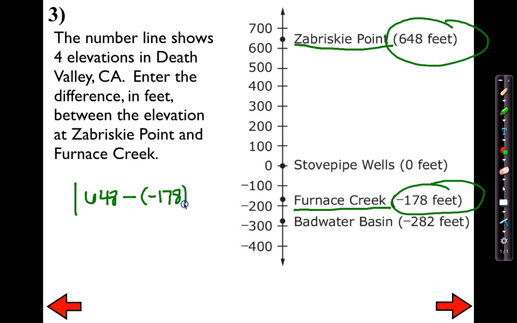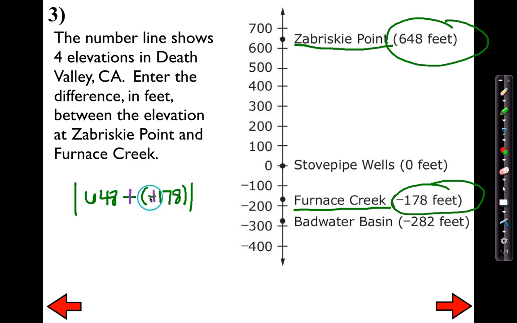-178 feet. So to simplify this, we need to simplify what's inside the absolute value first. Since this is 648 minus a negative, and since it's subtraction, we're going to add the opposite, so this becomes addition. The opposite of -178 becomes positive. So I'm going to simplify what's inside the parentheses.